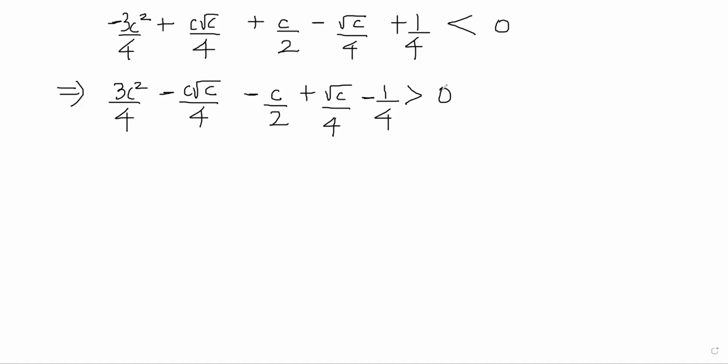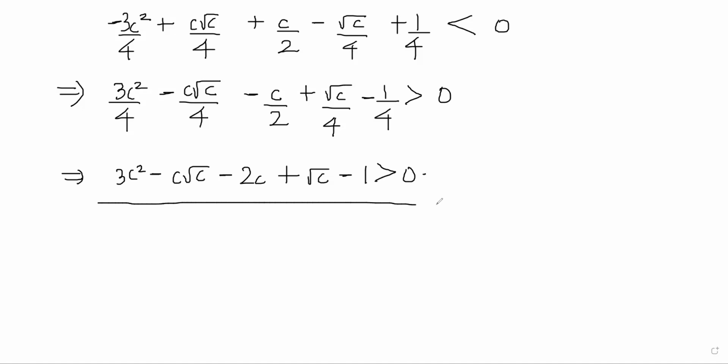Correct. So let's think of multiplying by 4 throughout. You will get 3c square minus c root c minus 2c plus root c minus 1 is greater than 0. We need to prove this, right?